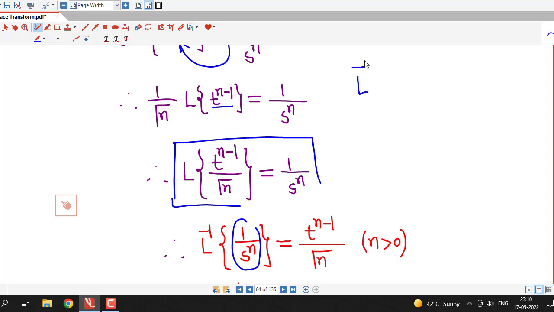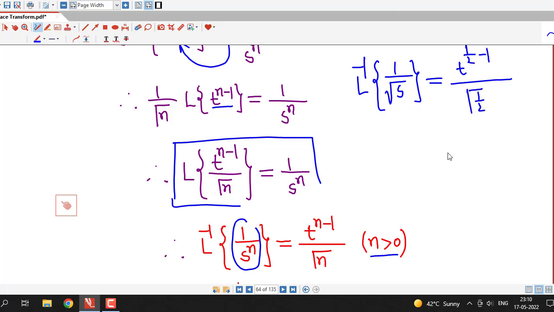For example, suppose I am interested in the inverse Laplace transform of 1 over square root of s. Here the power of s is 1 by 2, so I will take n equal to 1 by 2 in this formula, and I have t raised to 1 by 2 minus 1 divided by gamma 1 by 2. 1 by 2 minus 1 is minus 1 by 2, so t raised to minus 1 by 2, and gamma 1 by 2 is square root of pi.